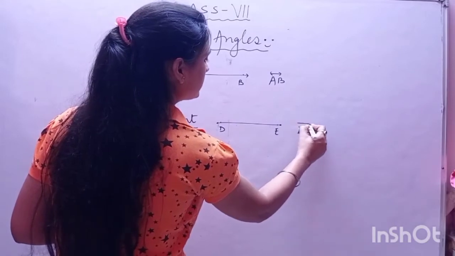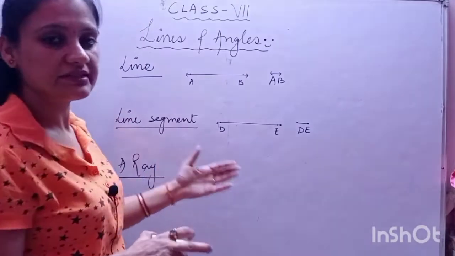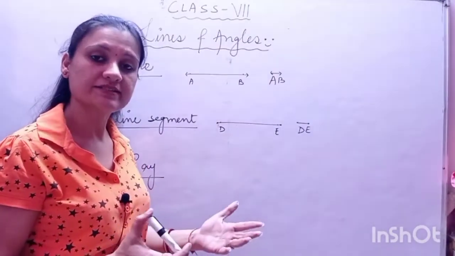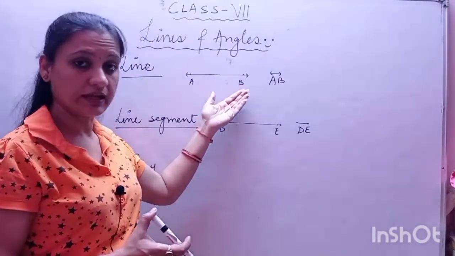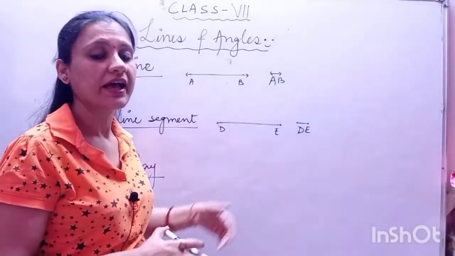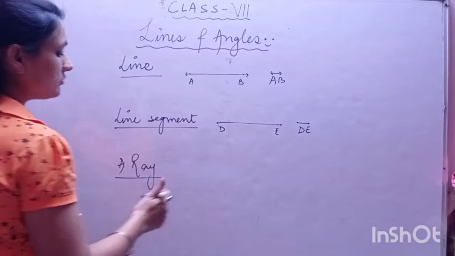It should be written like this. With the symbol written over it, you can easily tell that we are talking about a line segment. Unlike a line, it has two end points, it has a fixed length and it cannot be extended.